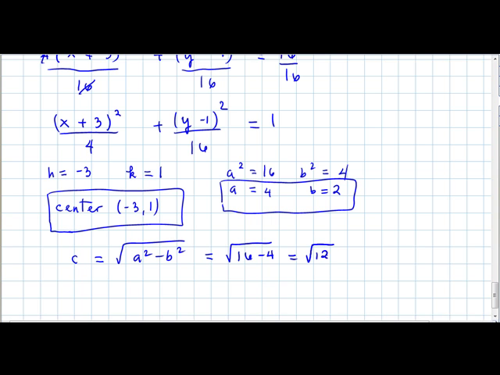I have the square root of 12, which is equal to 2 times the square root of 3. Remember, 12 is 4 times 3. The square root of 4 is 2, and the 3 is left inside the square root. So that is our c.